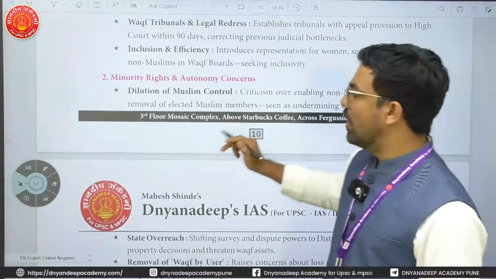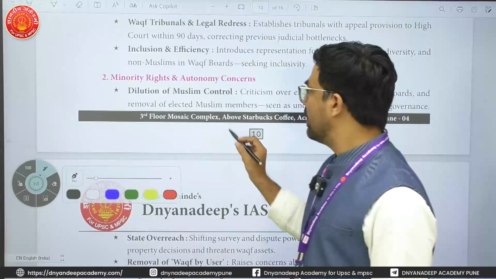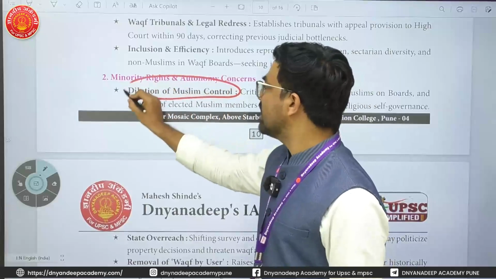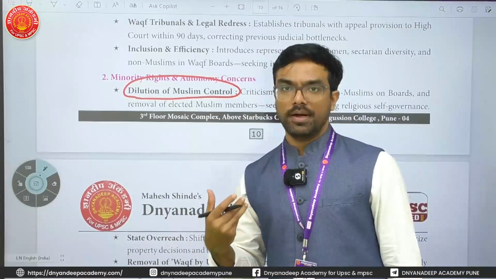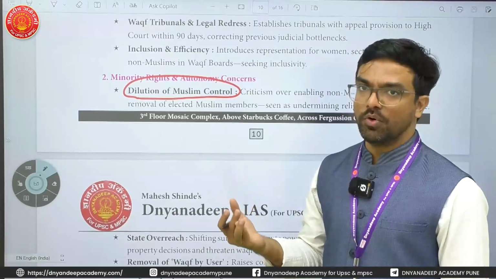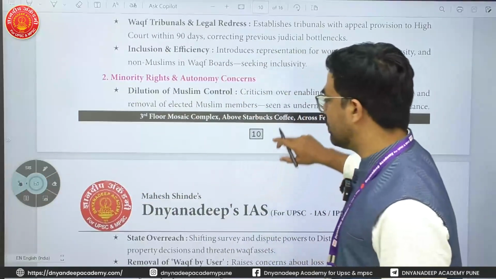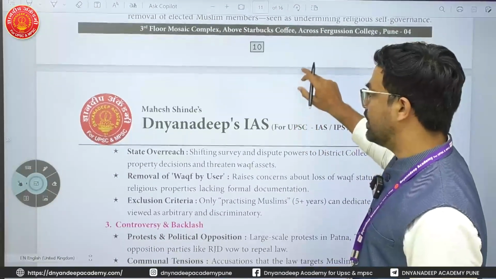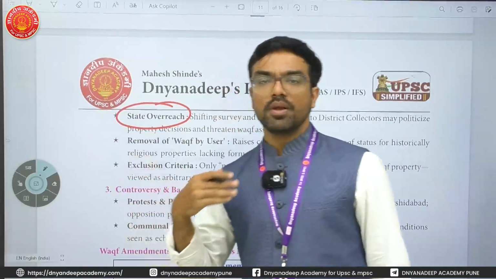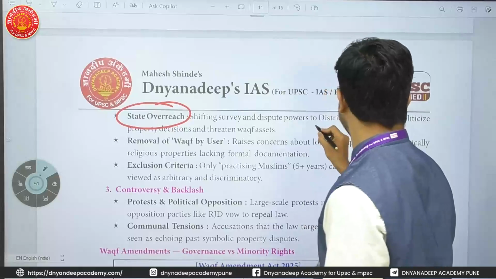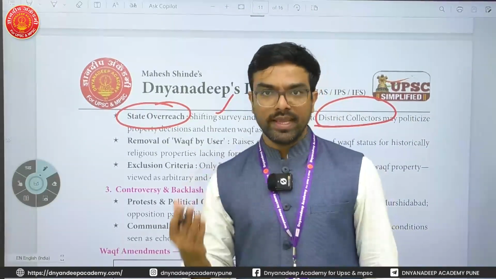So that is its role. Now, what concerns are being raised about this act? Dilution of Muslim control. Concerns are being raised about the inclusion of non-Muslims in the management of the Waqf board, right? So concerns are being raised about dilution of Muslim control over this Waqf board. There is also concern about state overreach, right? Because many powers are being given to district collectors for dispute resolution and carrying out surveys.